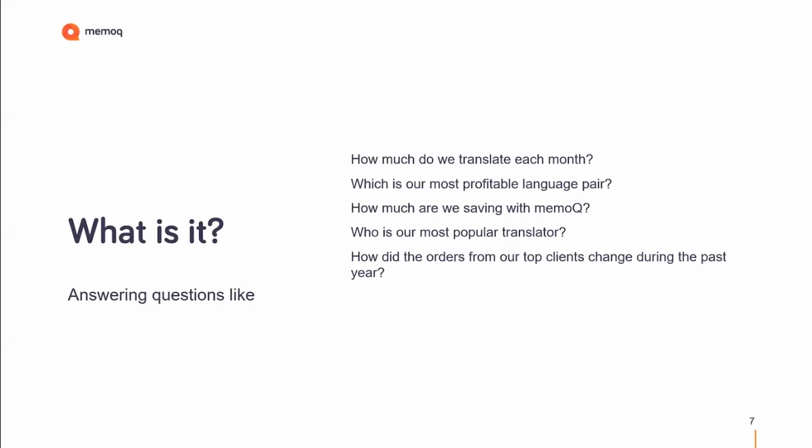Do we use a special weighting matrix for each of our clients or topics or tasks? And our interviews showed that there is a huge variation in how people answer these questions.